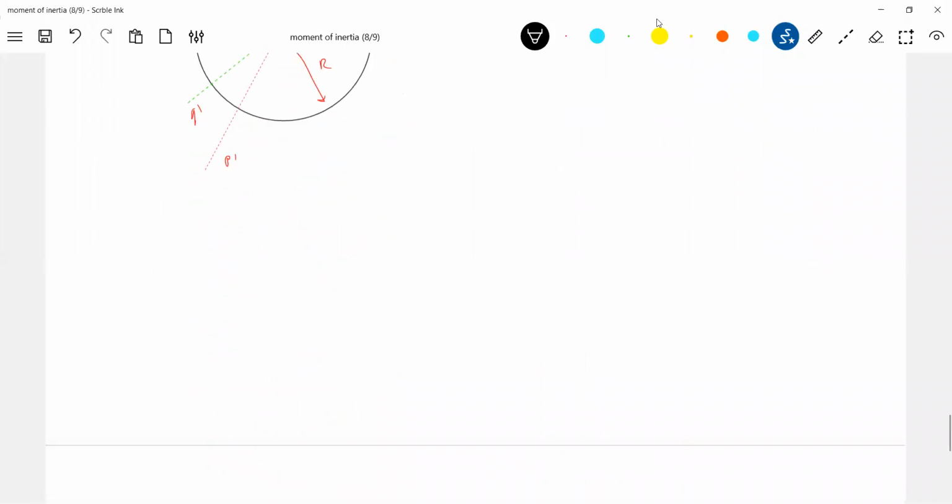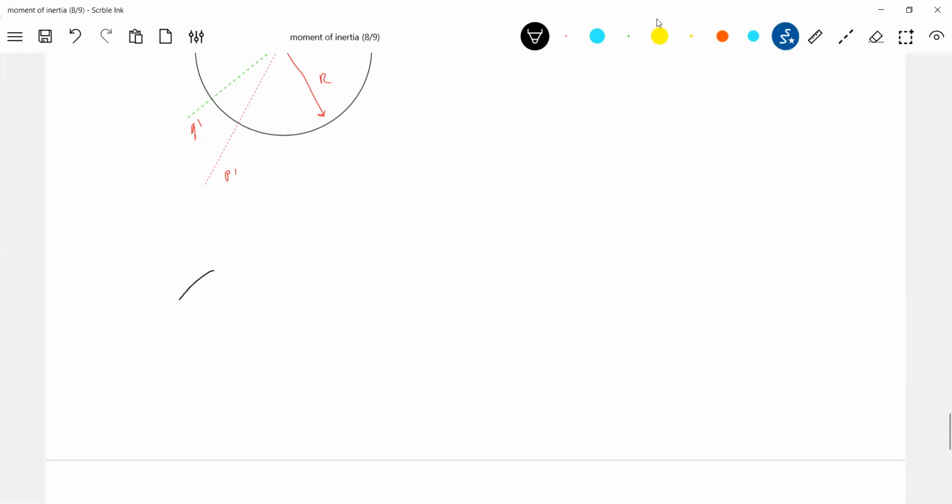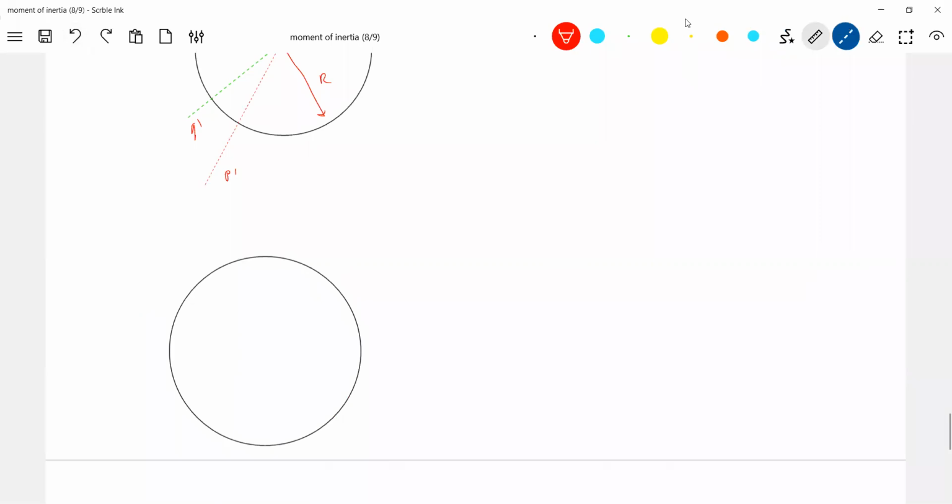Okay, now the same disk. The axis is tangential to this one. So now I'll go for the parallel axis theorem. I want the moment of inertia about axis PP dash. This is CC dash.